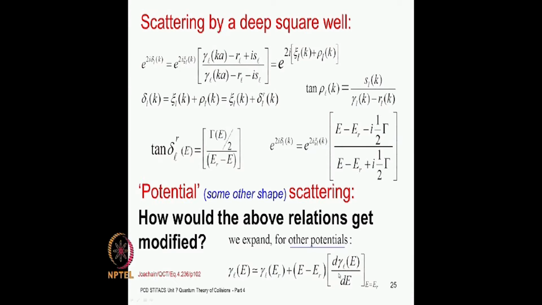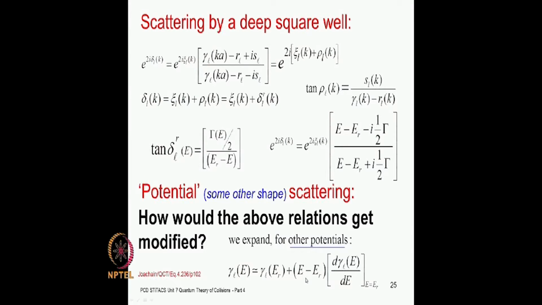We already know that compared to the energy differences between adjacent resonances, the width of a resonance is rather small, which is why they appear as spikes. So it is sufficient to take the first order term in the power series expansion for gamma. So you have a power series expansion for gamma, this is the first order term, and this is what we will use for gamma.